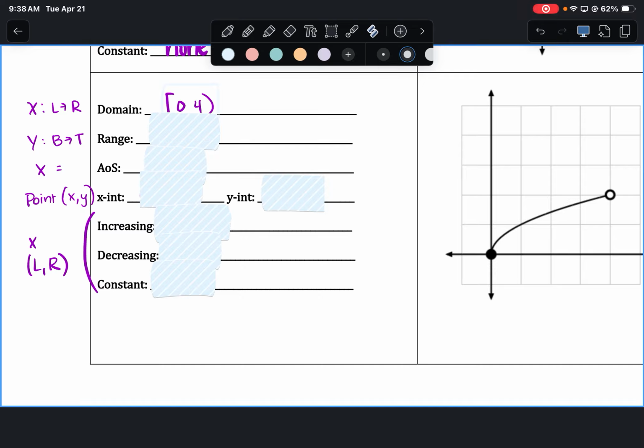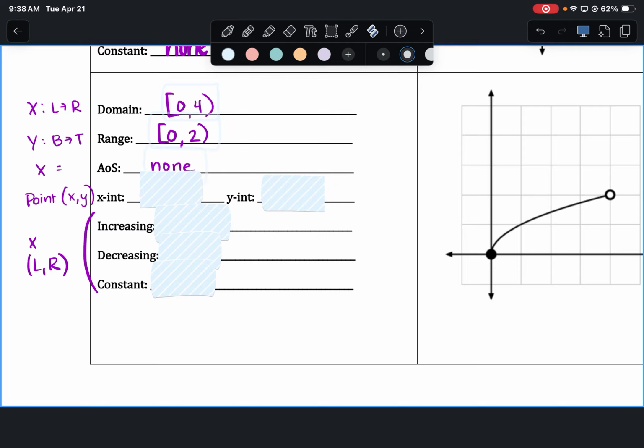Now, what is our range? 0 to 2. At 0, is it a parentheses or a bracket? Bracket. And then at 2, it's a parenthesis. Is this graph symmetric? No, it is none. There is not an axis.